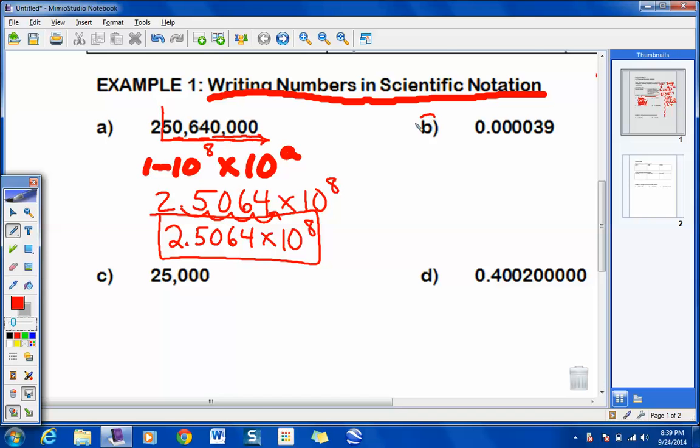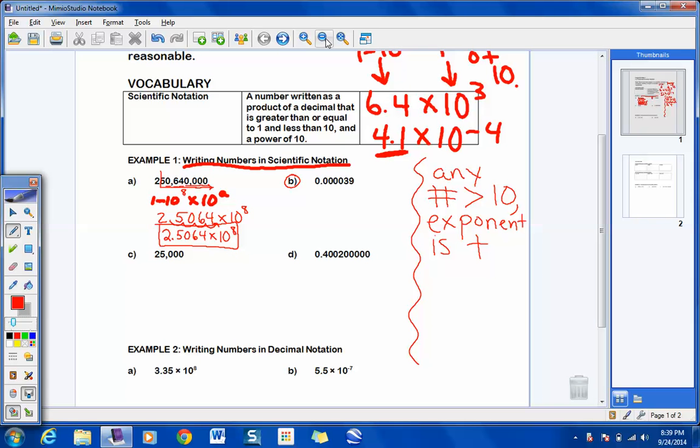Part B then is this. I always ask myself the question, is the decimal I'm dealing with, first of all, a number bigger than 10 or a number smaller than 1? Okay, this is a very, very small value, something smaller than 1. So back in your notes, on that right side, where I said any number greater than 10, your exponent's going to be positive, your other rule to follow is this.